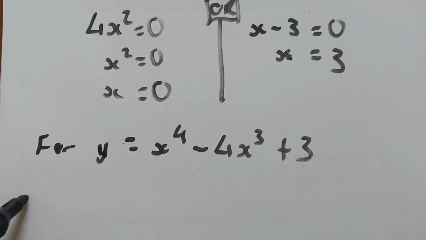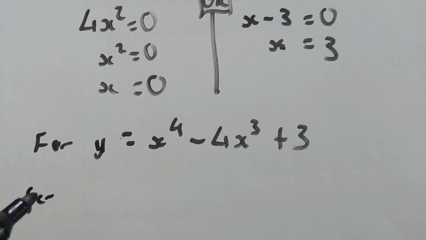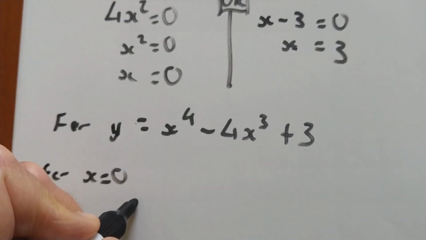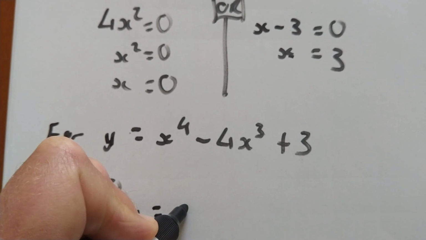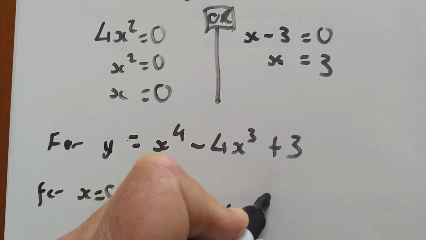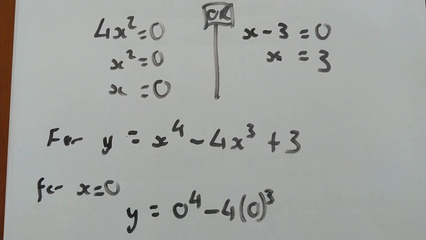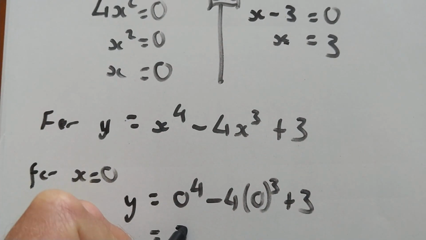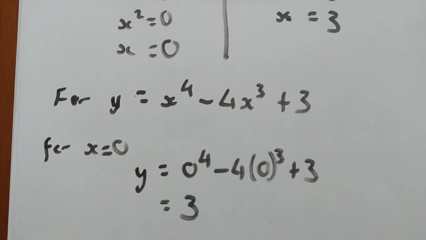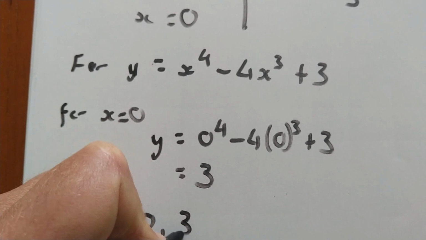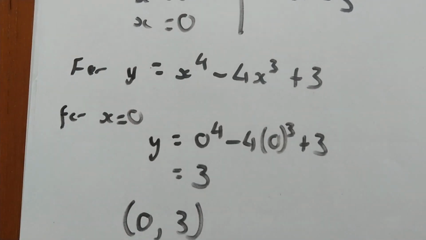So for x equals 0, that gives me y is 0 to the power of 4 minus 4 lots of 0 cubed plus 3. Oh, that's just 3. So one stationary point is at (0, 3). Make sure you write it as a point.